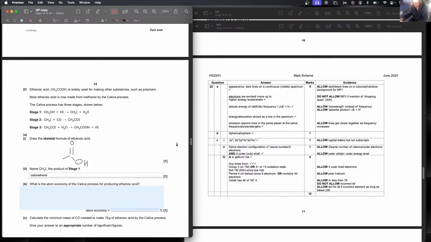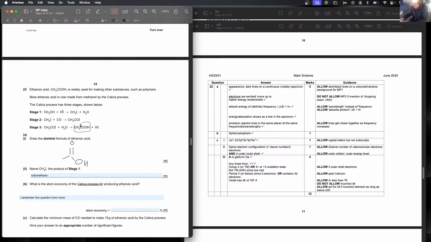No dashes or anything, but usually it'll say in the mark scheme ignore dashes. The only thing we can calculate is Mr. And then I remember this question from Mark.